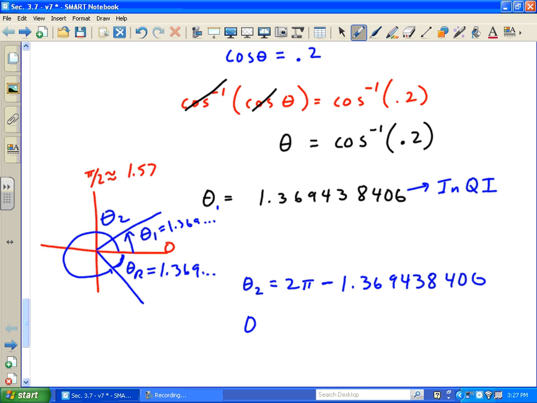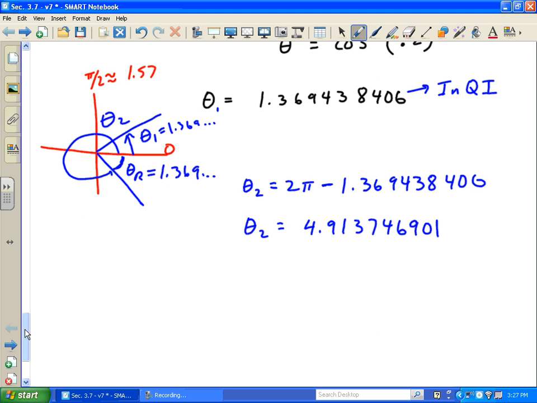Type that in your calculator and we'll end up with theta 2 is 4.913746901. Okay, so there are our two answers.